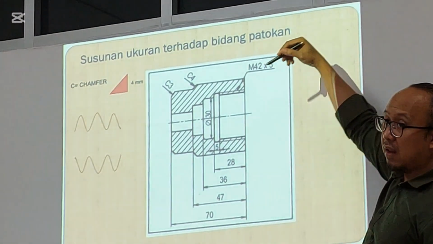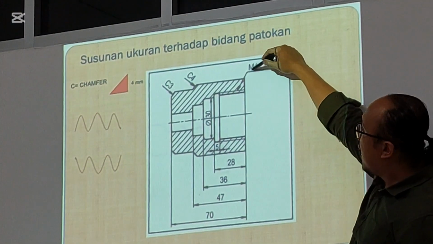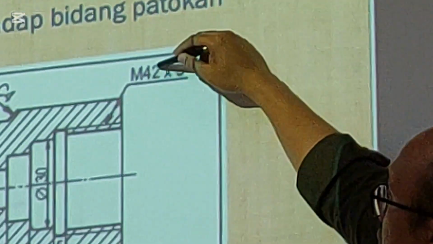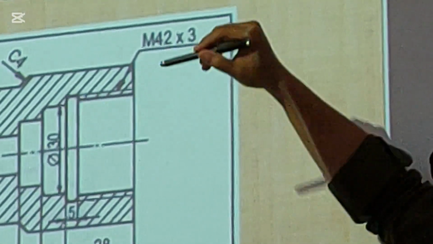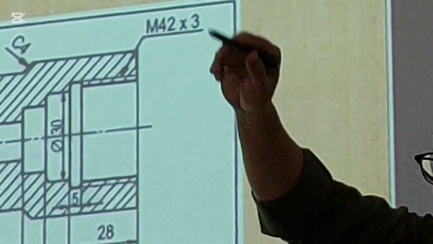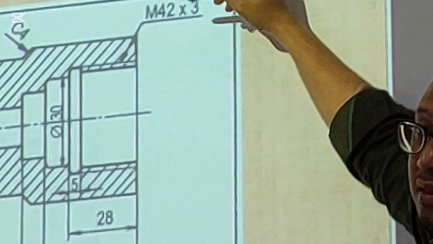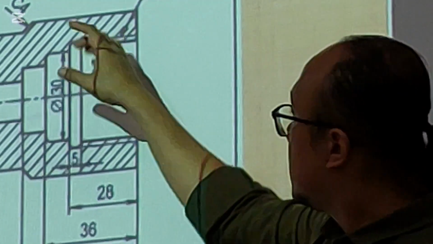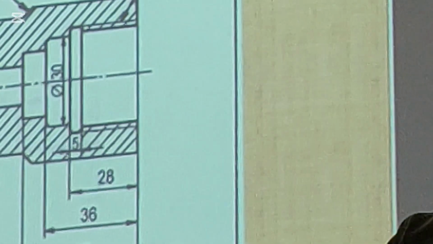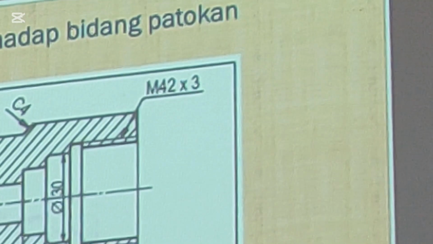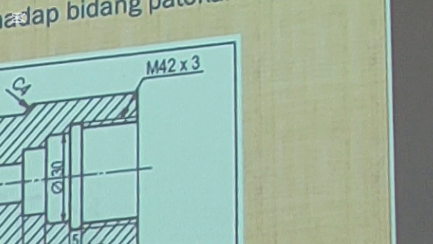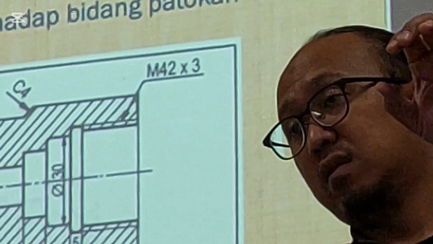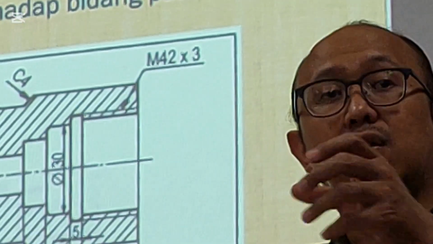Sometimes in engineering drawing, you find this letter M42 multiplied by 3. If you find it like this, it means that this is a hole with a threading line. Do you know threading? In Indonesia, we say ulir. Threading.